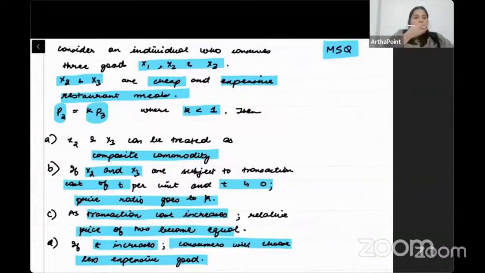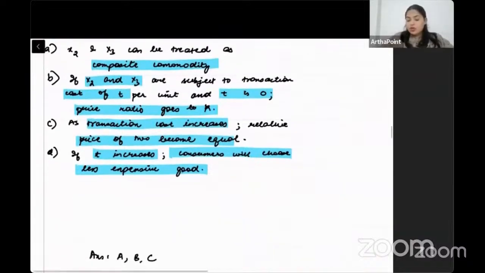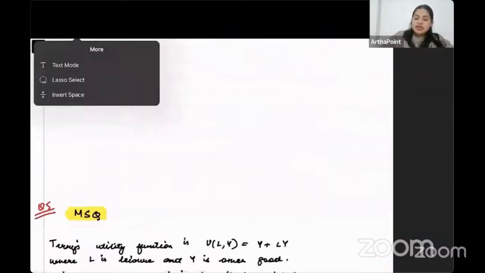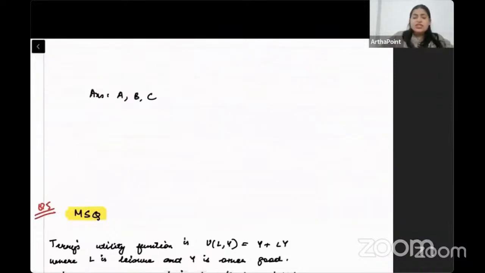Others? But it is MSQ. You will have more than one correct. So only D should not be the answer. Let me solve this for you. So the correct answer is A, B, and C.